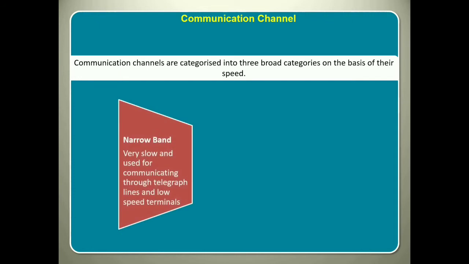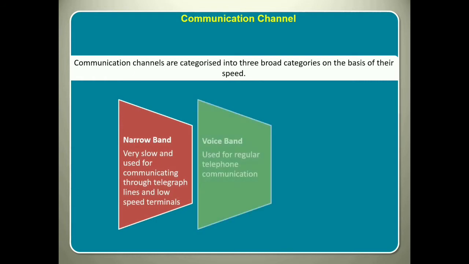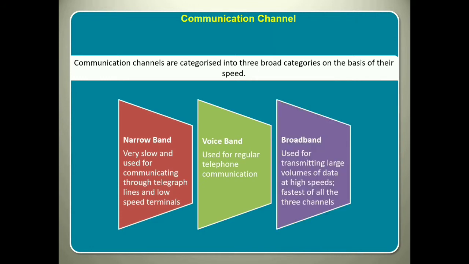This is very slow and used for communication through telegraph lines and low-speed terminals. The second one is the voice band, which is used for regular telephone communication. The third category channel is the broadband, which is used for transmitting large volumes of data at high speeds. This is the fastest of all the three channels.